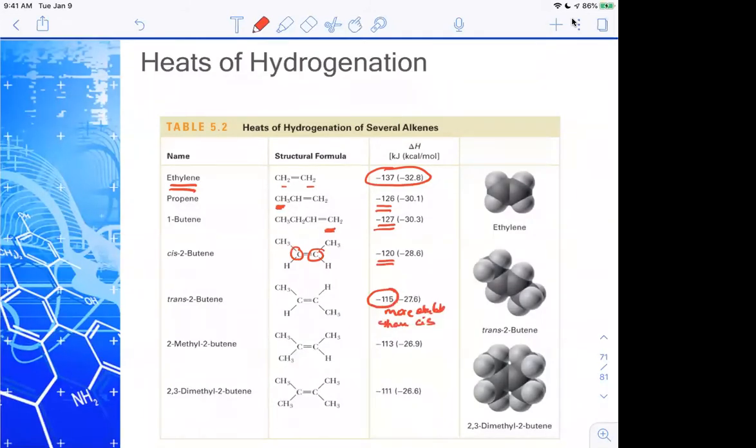The lower the number, the more stable that alkene was, because the less energy is actually given off when it goes to the alkane. Notice if I have three substituents, that drops further. And if I have a tetrasubstituted alkene, that would be the most stable. So this is the most stable alkene, which is tetrasubstituted.